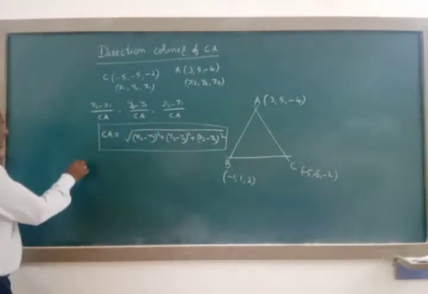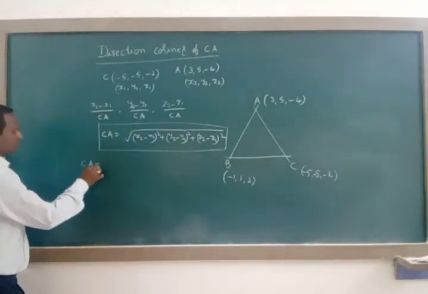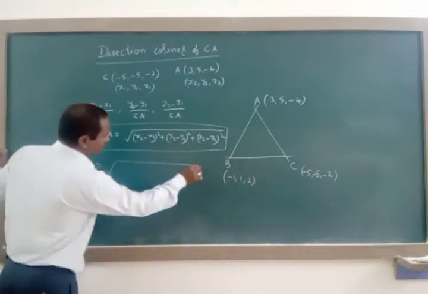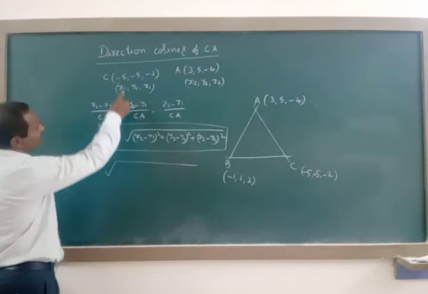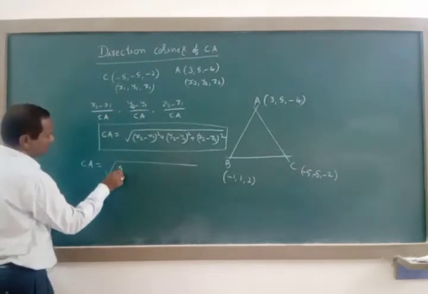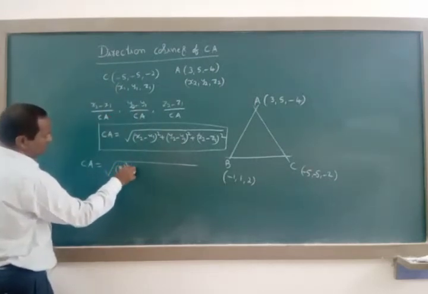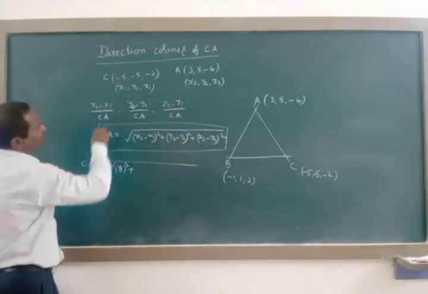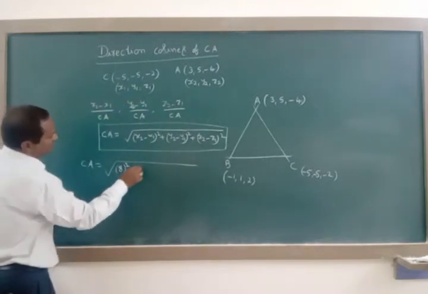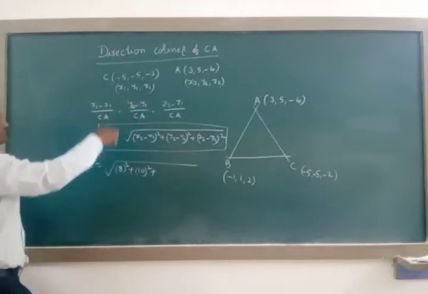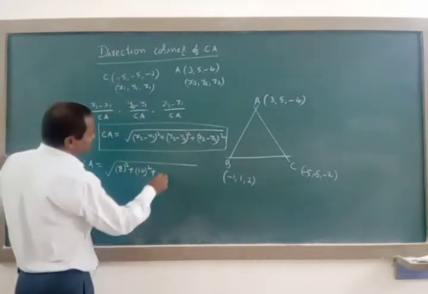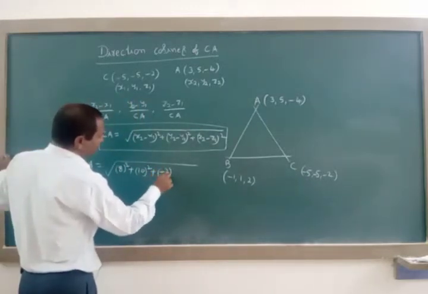CA is equal to the square root of (x2 minus x1) whole square, that is 3 minus of minus 5, 3 plus 5, 8 square, plus (5 minus of minus 5) means 10 whole square, plus (minus 4 minus of minus 2) means minus 2 whole square.